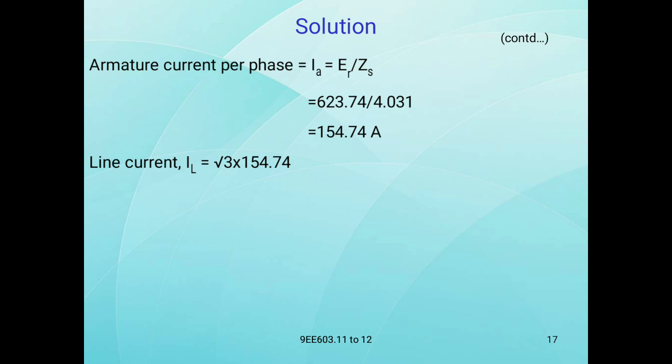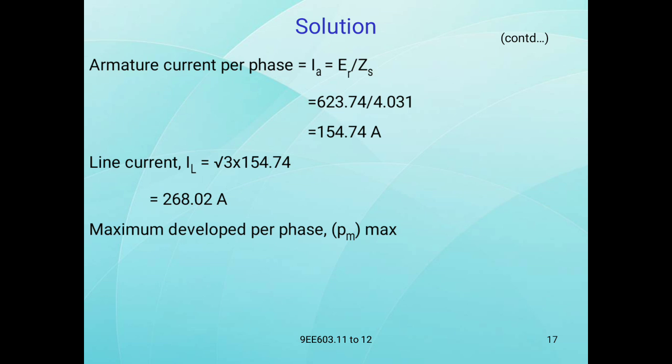Here the line current and phase current are different. Why? Because it is delta connected. In delta connection, phase voltage and line voltage are the same. So that is 268.02 amps.